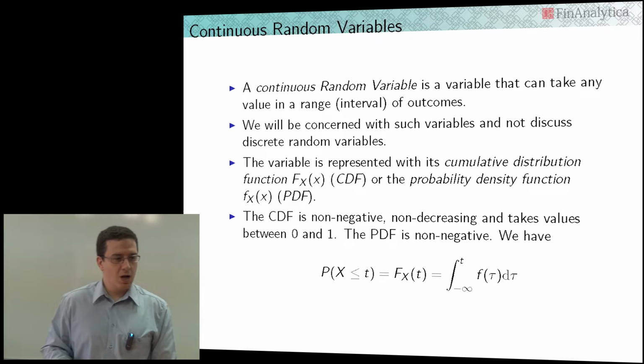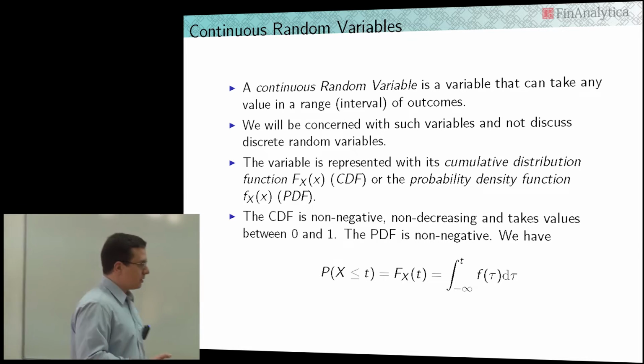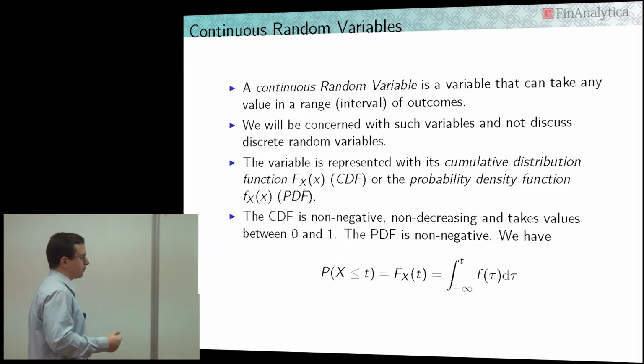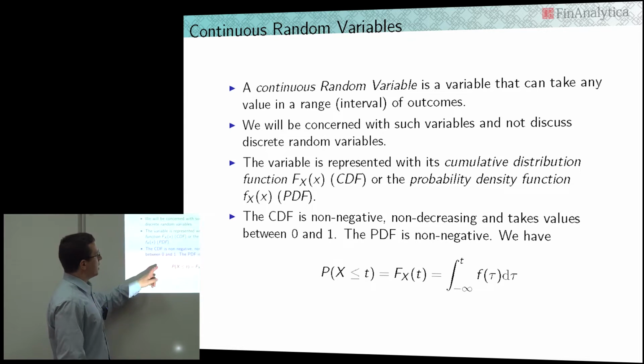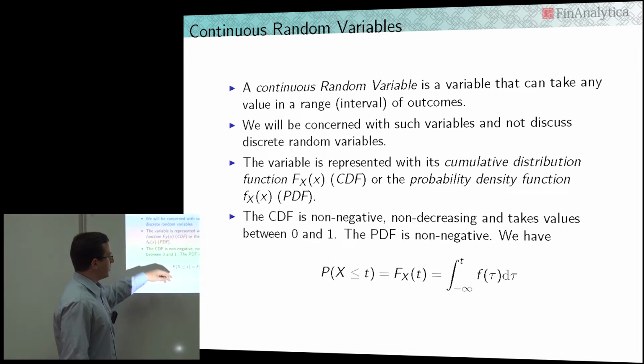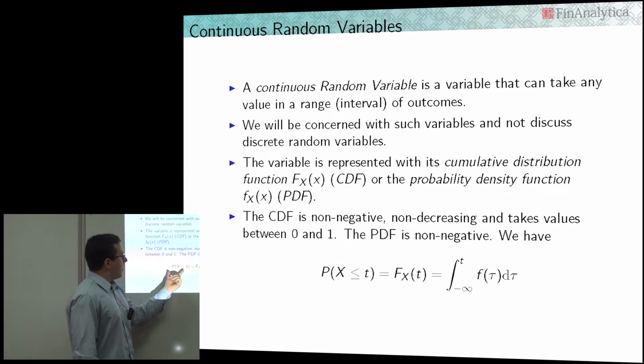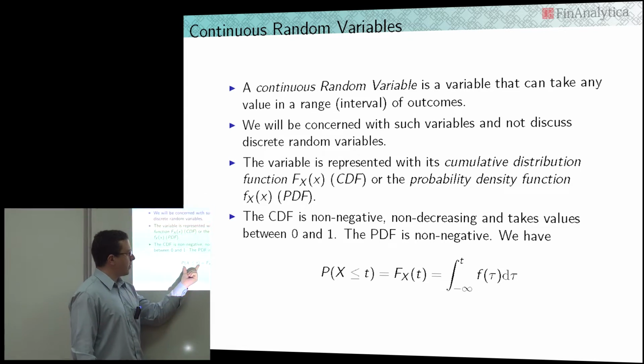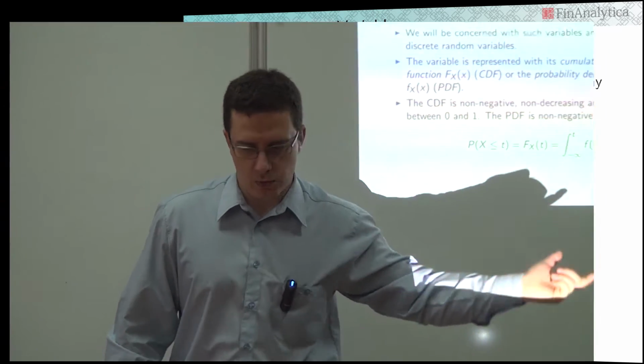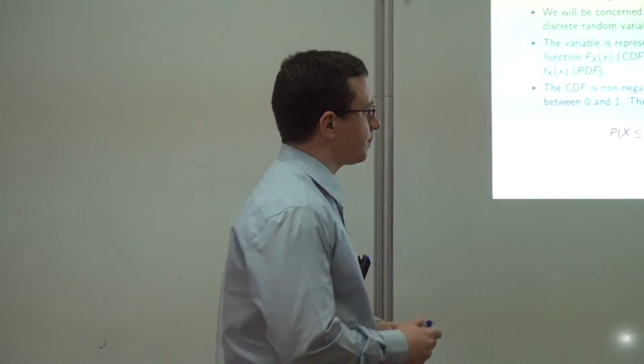That's in the book, of course, which is an interesting way to define it, because basically we have some properties of the CDF. It's non-negative, non-decreasing and whatnot, but rather here is the main part and the reason why we need events.